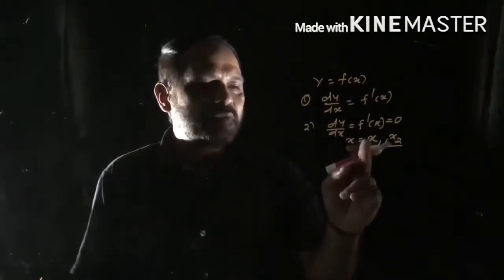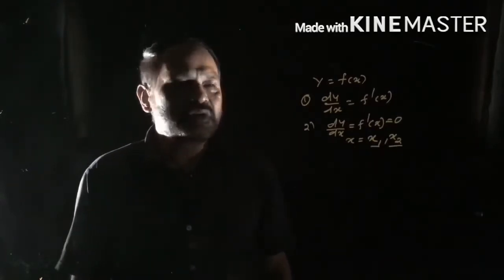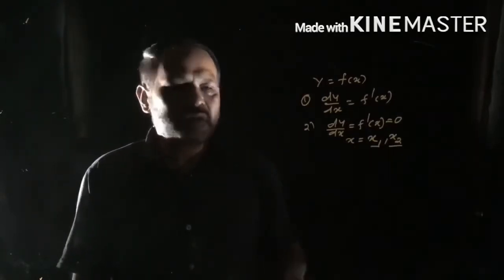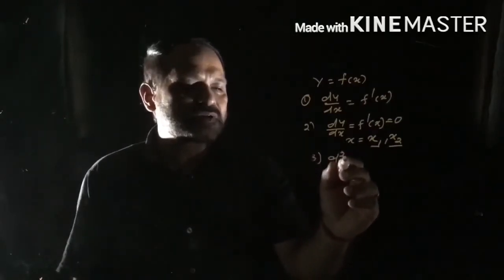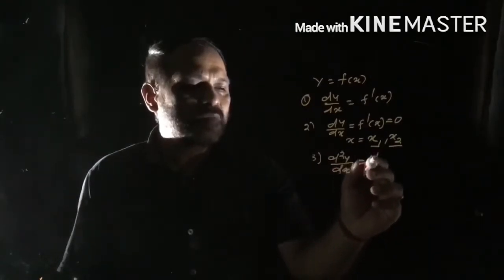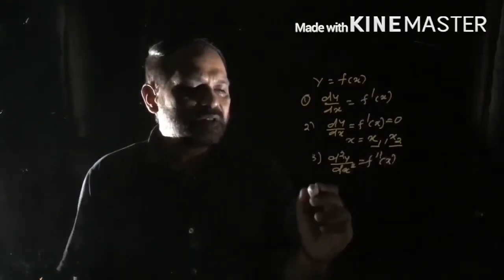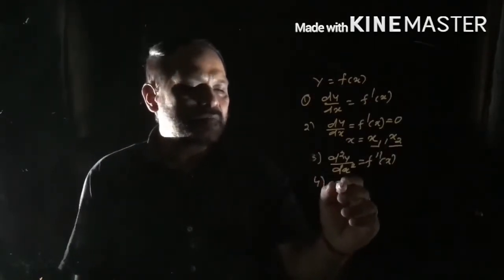At these extremum points or critical points, we have to check whether the function is maximum or minimum. Therefore, we have to find the double derivative, that is d²y/dx² or f''(x). Then put the value of the extremum point in the double derivative.